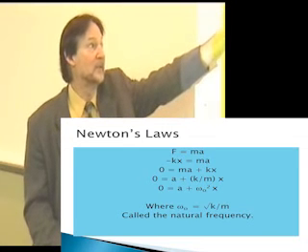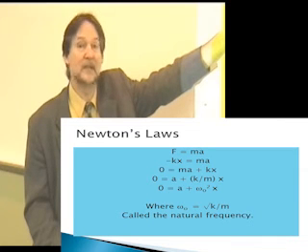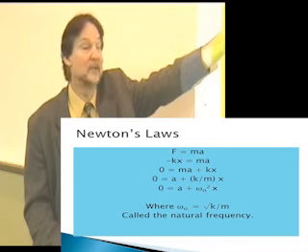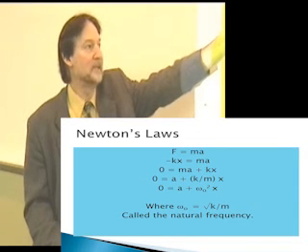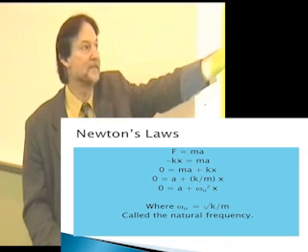Remember that F is the cause. What is causing m to accelerate? In our case, we're going to model this by substituting minus kx, which is Hooke's law, for the force acting on m. Take that minus kx over to the left-hand side of this equation.